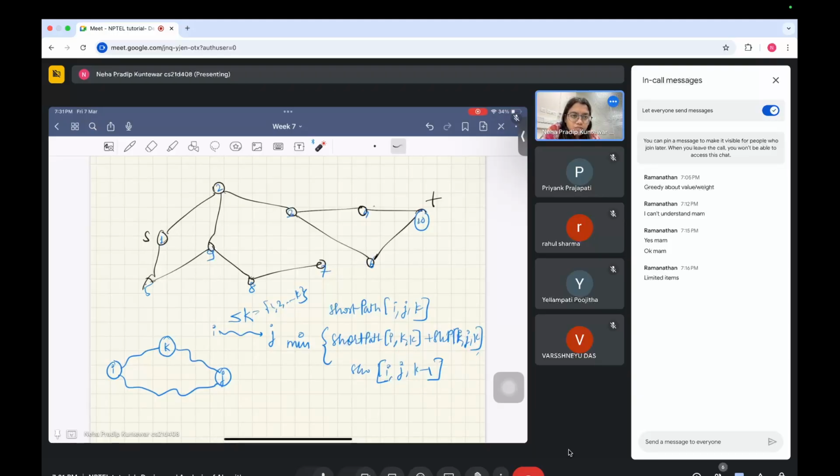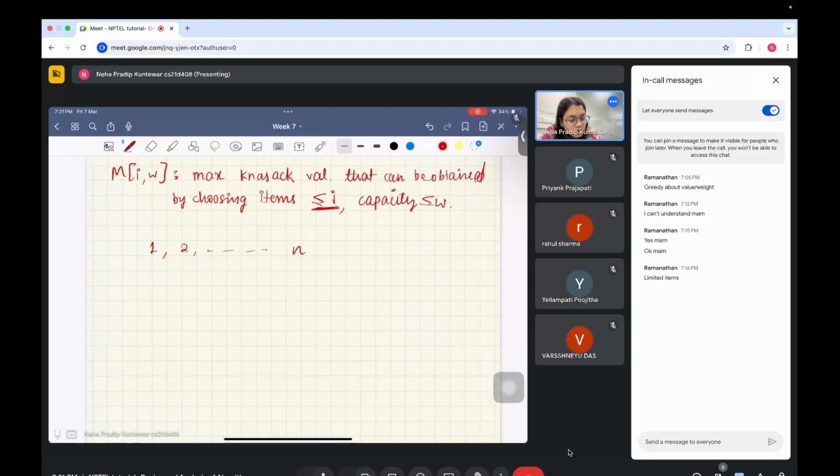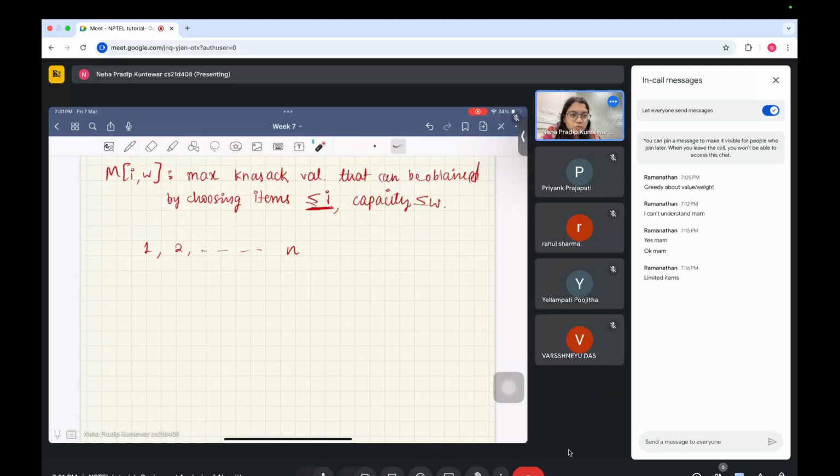Sorry, this should have been k minus 1. So that's how you keep on reducing the subproblems from k minus 1, k minus 2, and so on. So this is the same idea that we used here. I'm just introducing one more variable to tell which items are allowed to be taken.